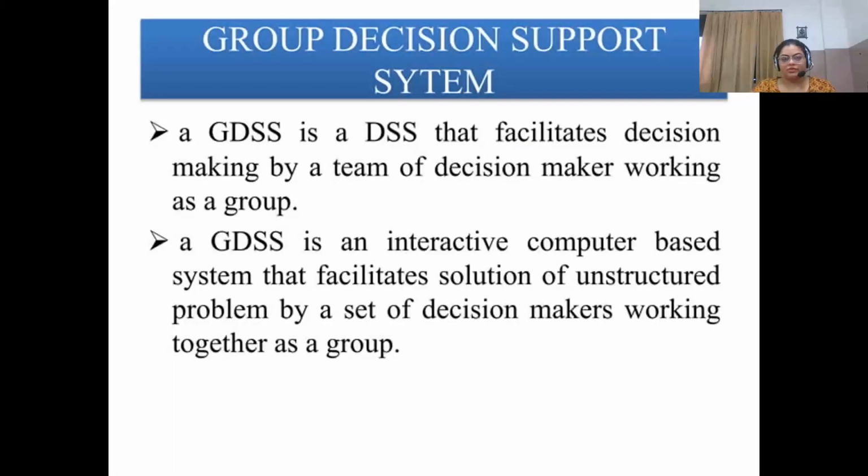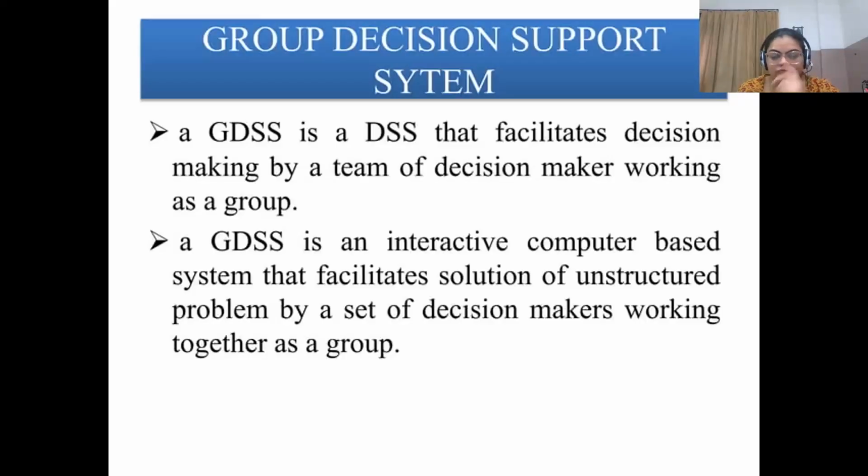So yes, where we are now, we are discussing a group decision support system. It is a type of decision support system. A GDSS is a DSS that facilitates decision making by a team of decision makers working as a group. It is an interactive computer-based system that facilitates solution of unstructured problems by a set of decision makers working together as a group.